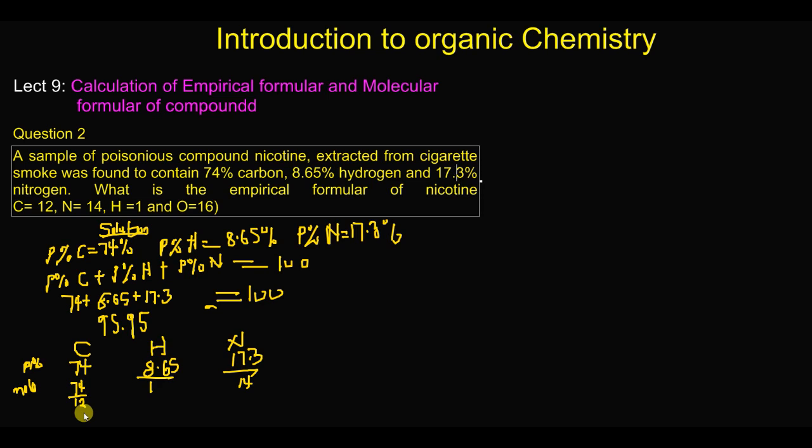Here you are going to get the first one to be 6.17. The next one you are going to get the same thing, 6 point this, and then the last one you are going to get 1.24.